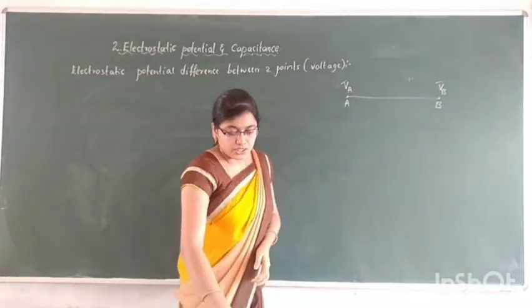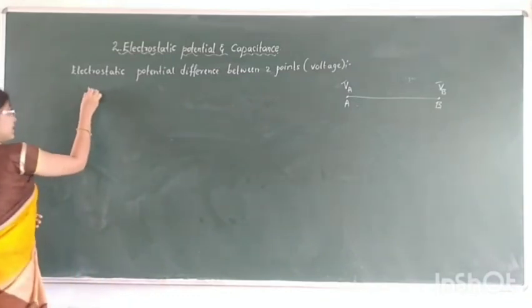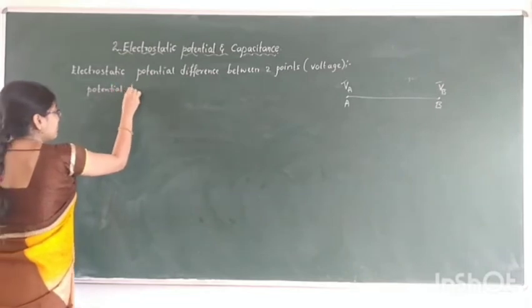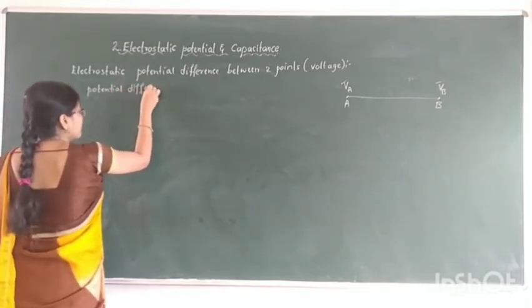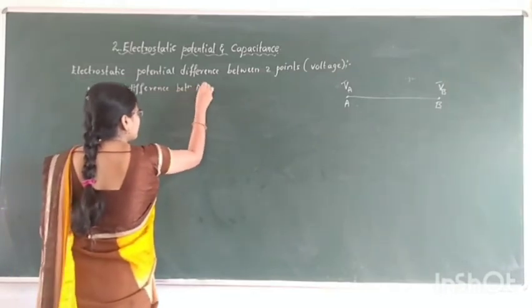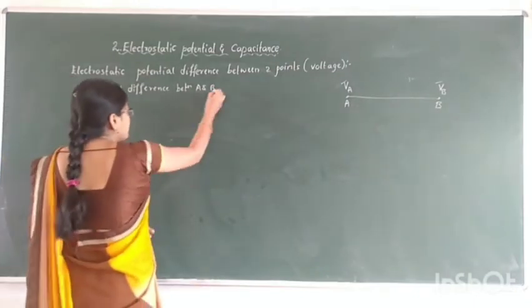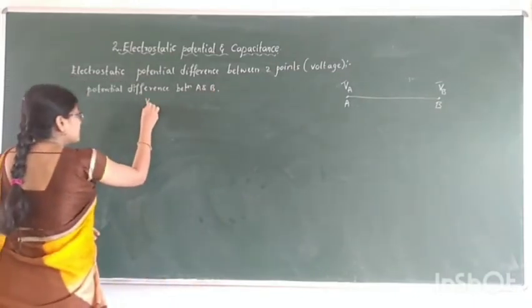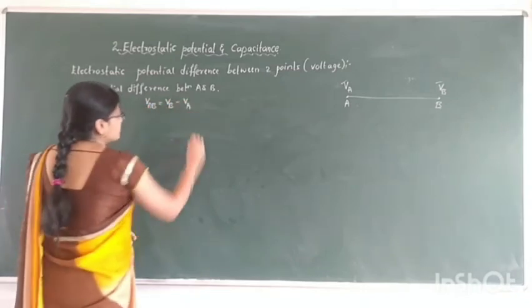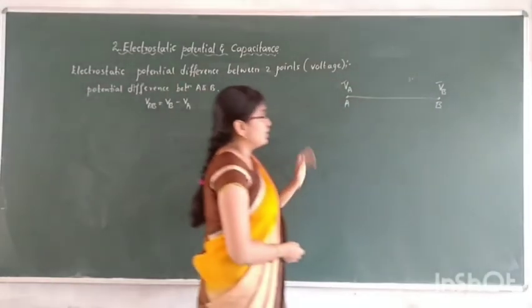Then the potential difference between A and B can be written as VAB equal to VB minus VA.